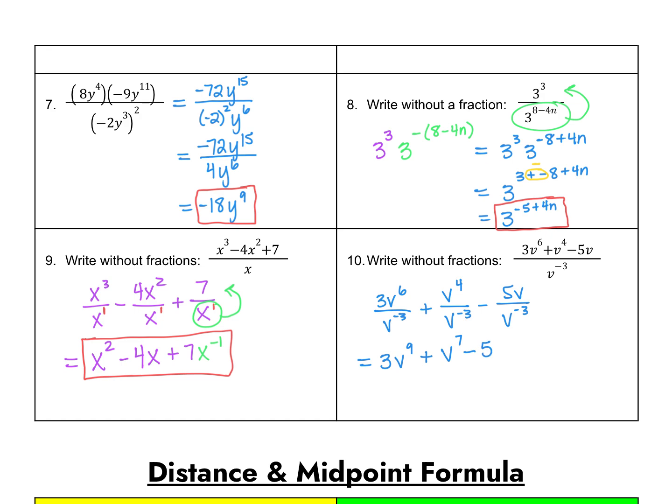So we bring that down: v to the power of the understood 1 minus v to the power of -3. We're going to subtract those exponents. So 1 subtract -3 is 1 plus 3, which is 4. So we're going to have 3v to the power of 9 plus v to the power of 7 minus 5v to the power of 4.